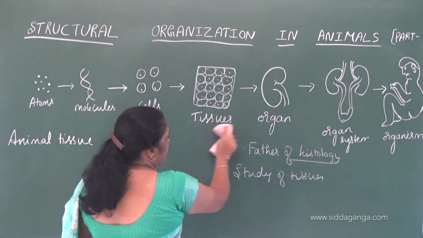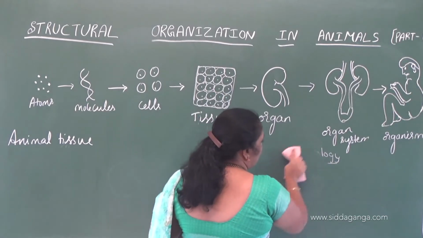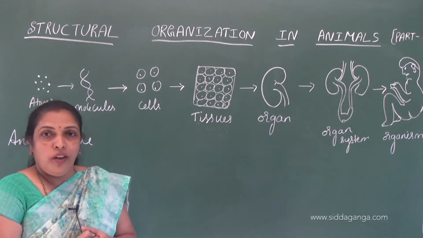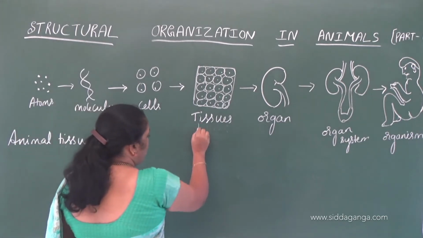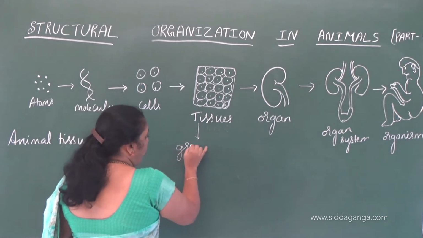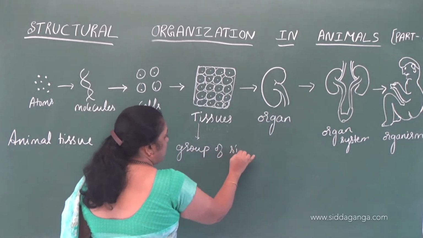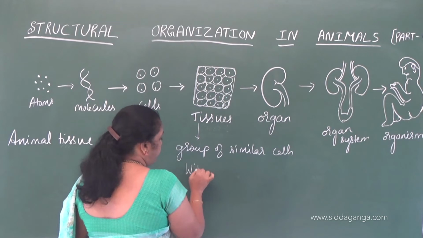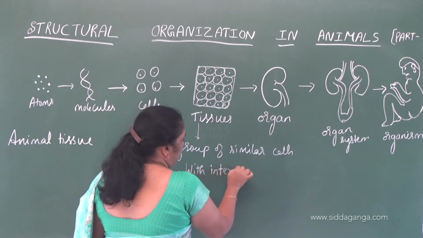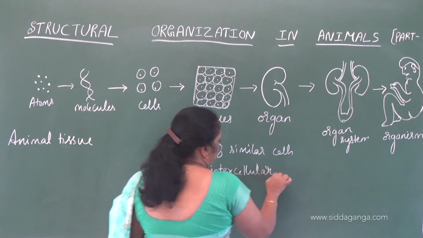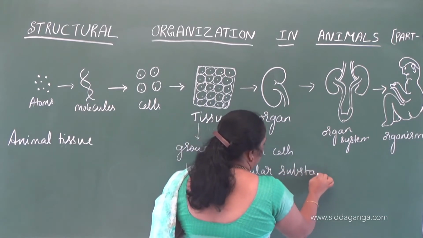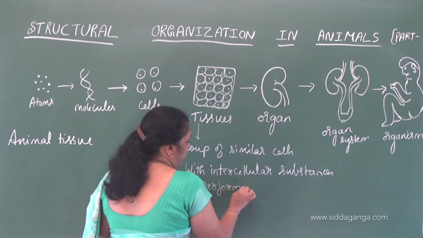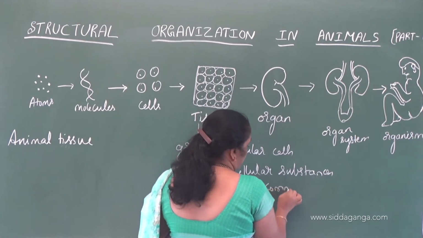So then how are we going to define a tissue? Tissues are a group of similar cells with intercellular substances performing a common function.